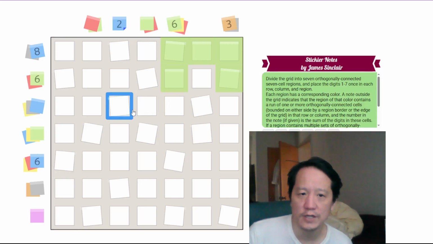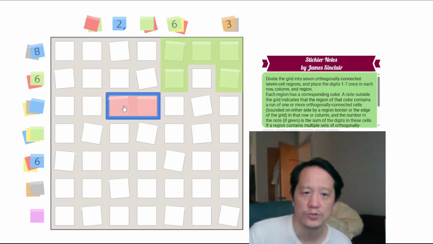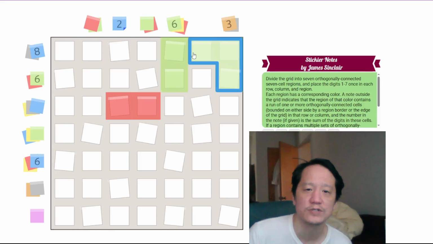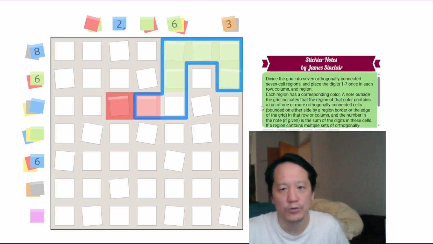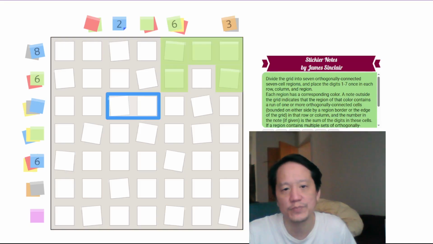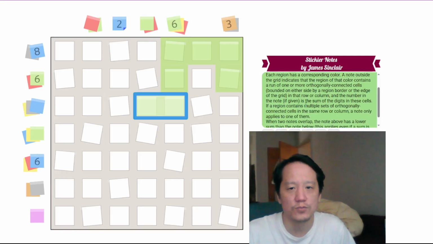This would be an invalid version of the region, because even though these two cells can get to each other by going through edges while staying within the region, they cannot go to the rest of the cells by going through edges while staying within the region. They would have to go through a corner, or they would have to exit the region, which is not allowed on an orthogonally connected region. So that's an example of how orthogonally connected regions work.